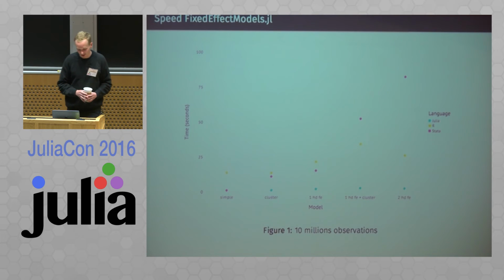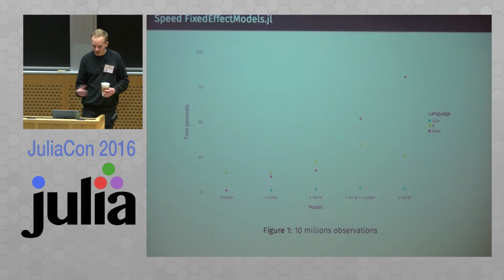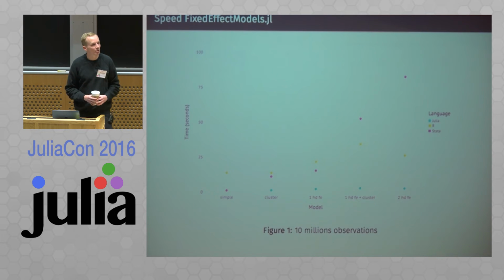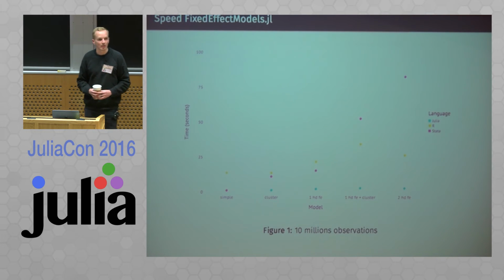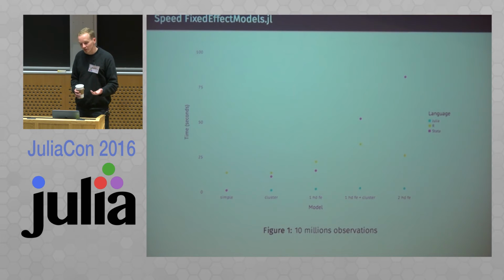That's surprising. The core of the package in R, the loop I was talking about, is coded in C, and even if it's coded in C, you see that it's actually way slower than Julia. Julia is in blue, so it's very fast in any case.